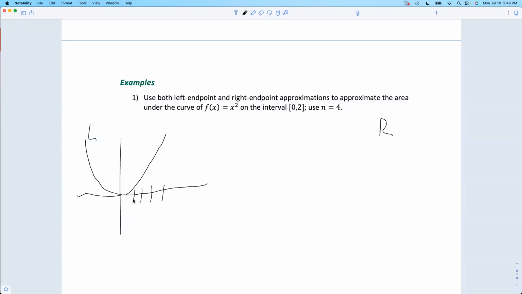So here will be 1, 2, 3, 4. I'm at 2. That's the point right there, by the way. 2, 4. X squared.